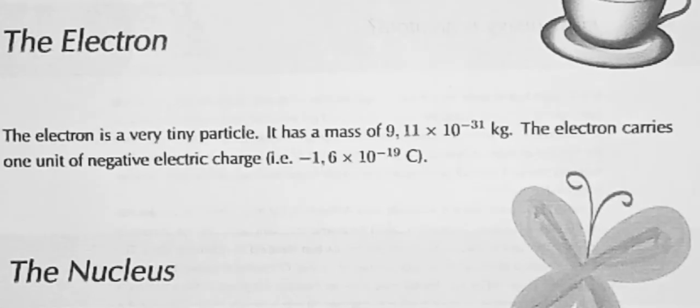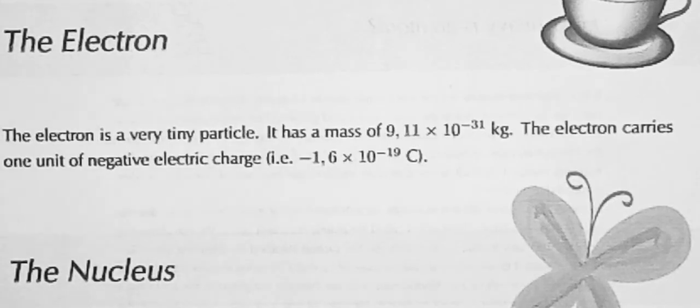We know that a nucleus is surrounded by one or more negatively charged electrons. Now we are going to look at what an electron is. The electron is a very, very tiny particle, like a point particle or elementary particle.